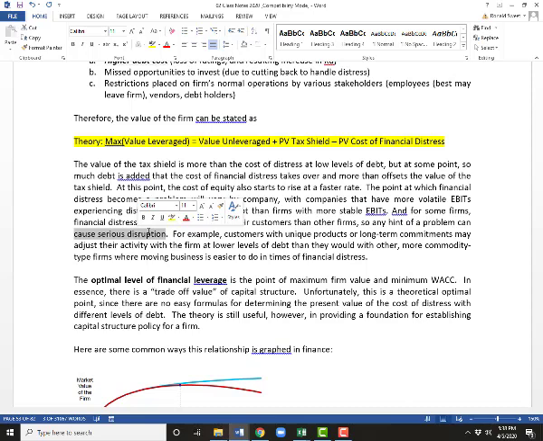And in those cases, they tend to have great earnings, very stable earnings, until a competitor comes in and takes them out. You could think of Blockbuster Video that Netflix put out of business. Those businesses will tend to have to use less debt, even if the theory says use more debt because you get the tax shield. They will tend to err far more on the lower debt side just because things can change so quickly.